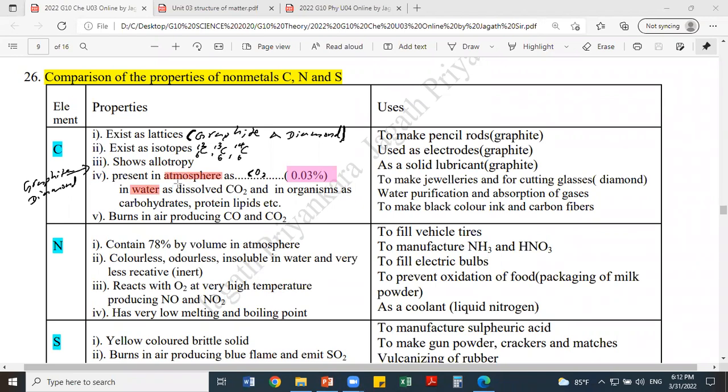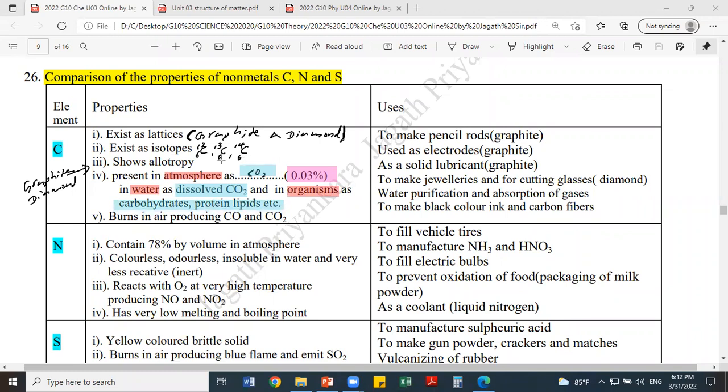So what is the gas mainly present in a soda bottle? In the atmosphere CO2 is present, in water CO2 is present, and in organisms also. In living organisms carbon is present as carbohydrates, proteins, lipids, in other words biomolecules or organic compounds. So that is dissolved CO2, atmospheric CO2, and carbon in the living bodies of organisms.